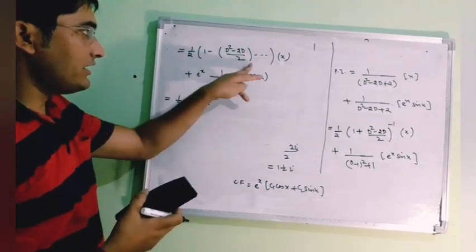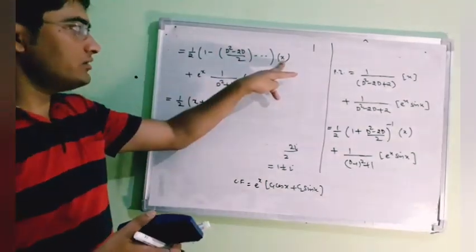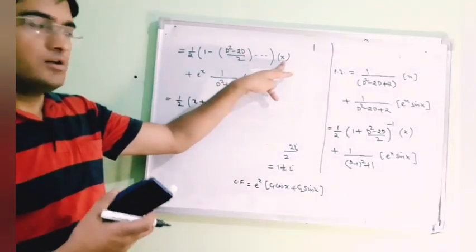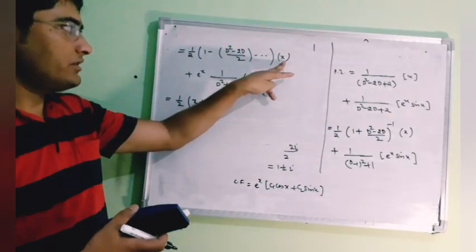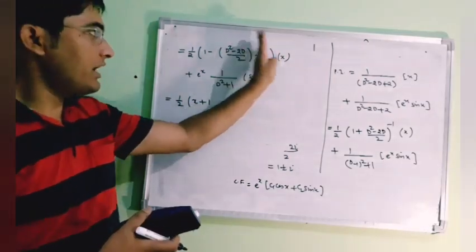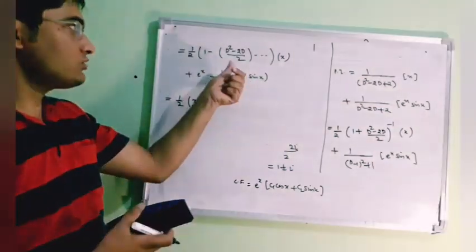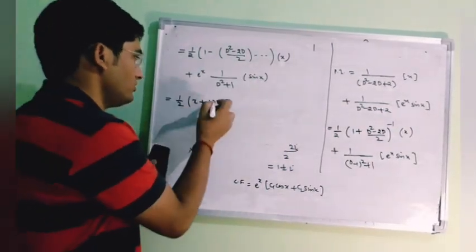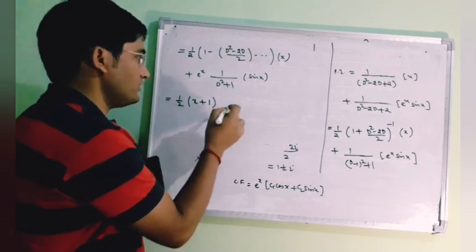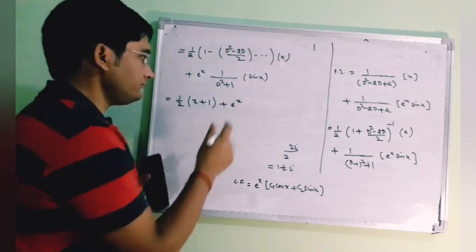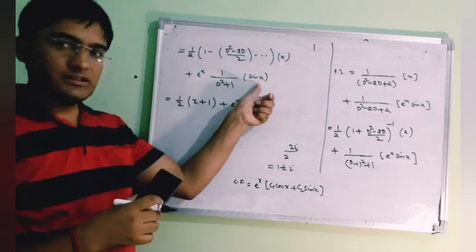And all the remaining higher terms will be 0 because the second and third derivatives of x will be 0. So all the remaining higher terms will be 0 because all those terms contain the power of D square and higher power. So we will have just half x plus 1.